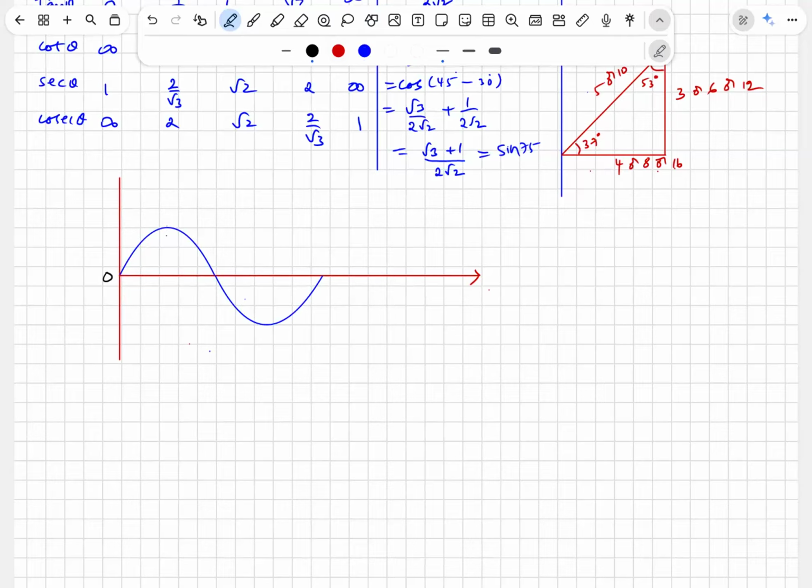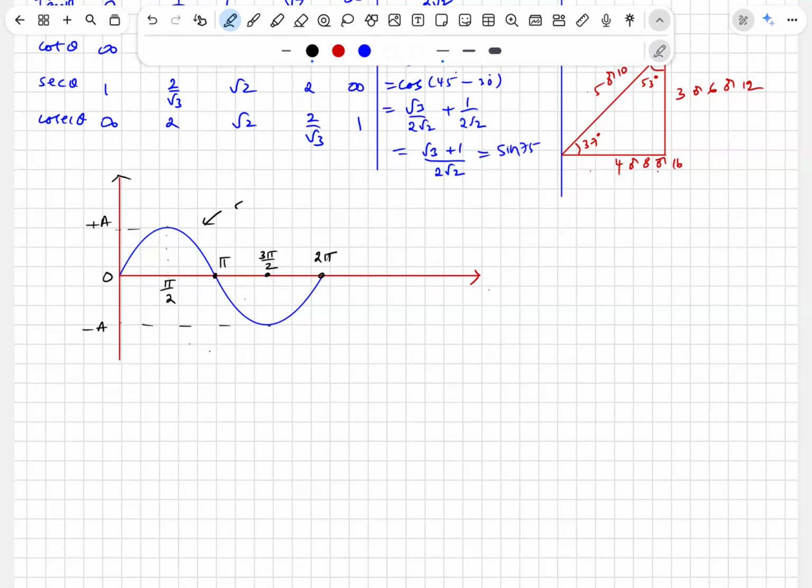Zero, this term is plus a, this term is minus a.